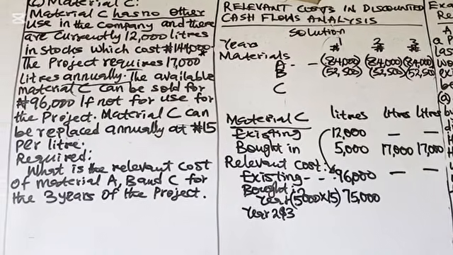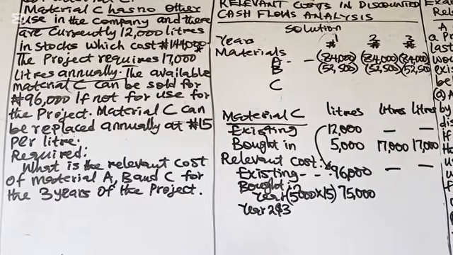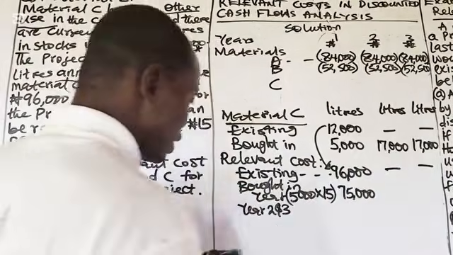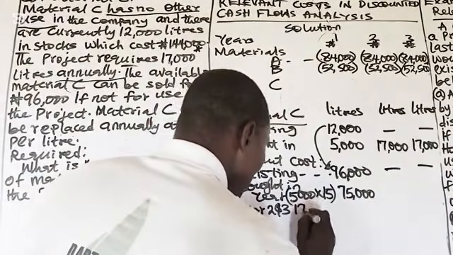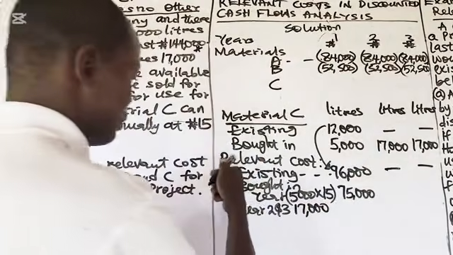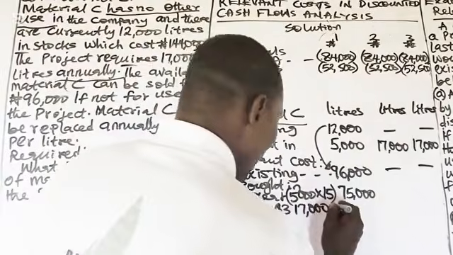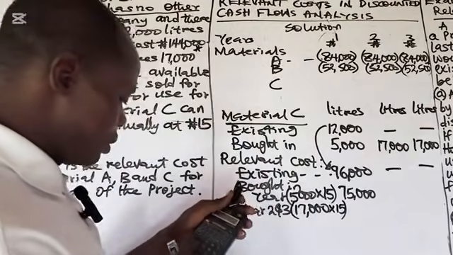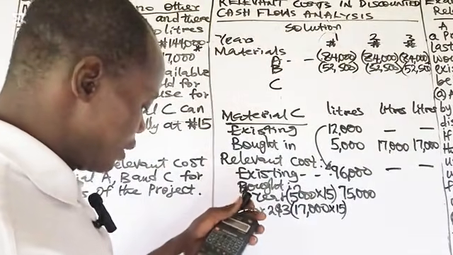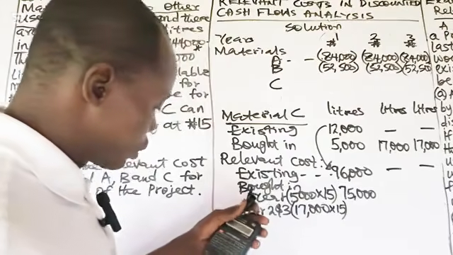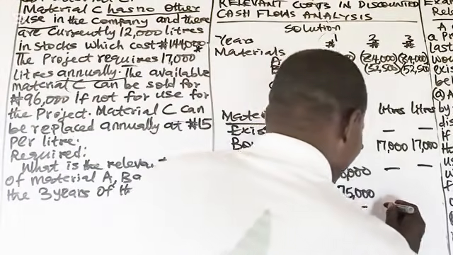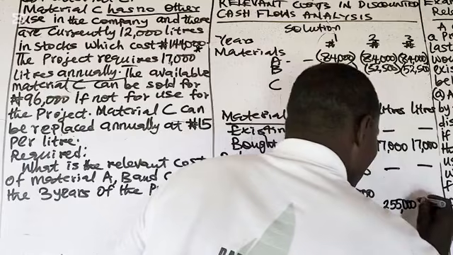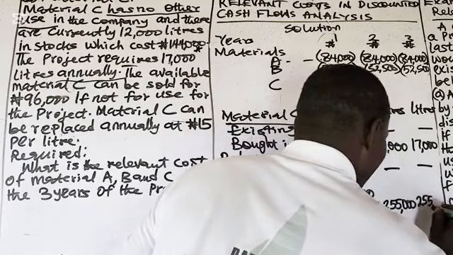That means the whole of the 17,000 required for production in year 2 and 3 will have to be bought. That is bought-in material, at the current replacement price of 15 naira. So 17,000 times 15 gives us 255,000 in year 2 and 255,000 in year 3.